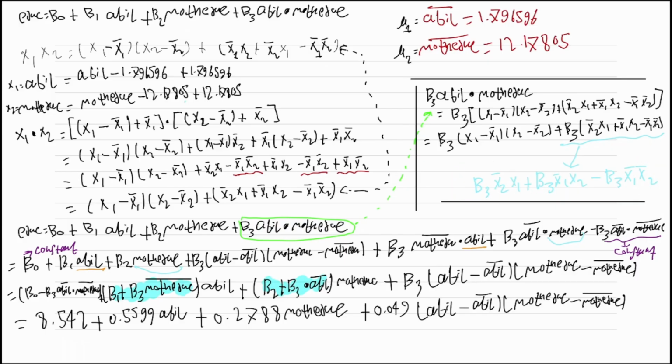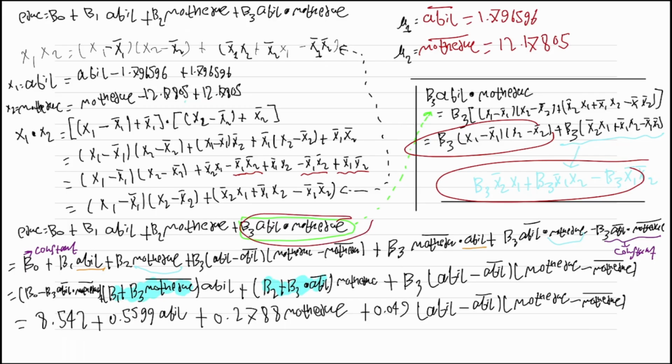You can stop the video and try to digest the expansion. Now I will take all that, this part and this part, and I will put them here, because all this part is equal to what? To this part here. So I took this and I put them here in the equation.